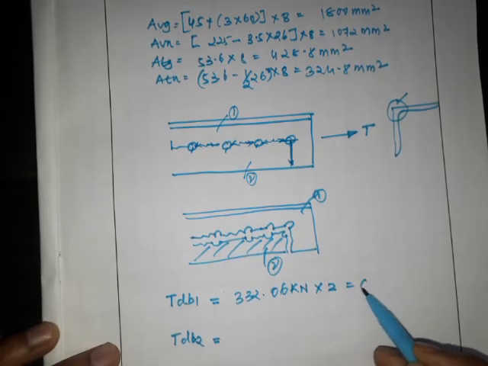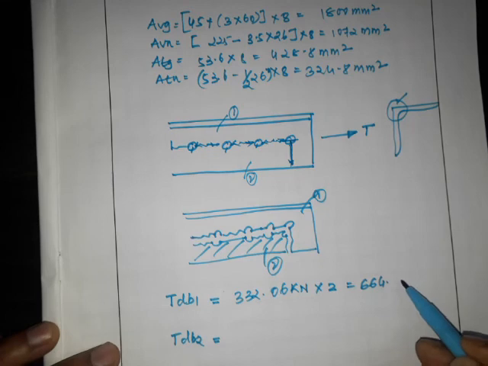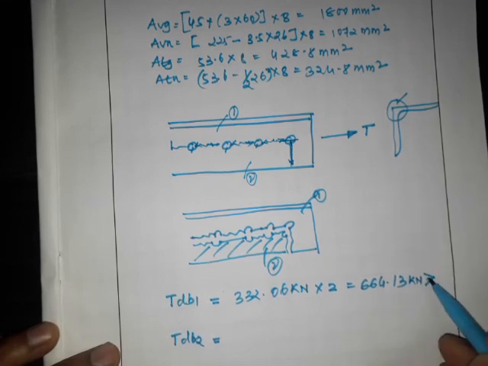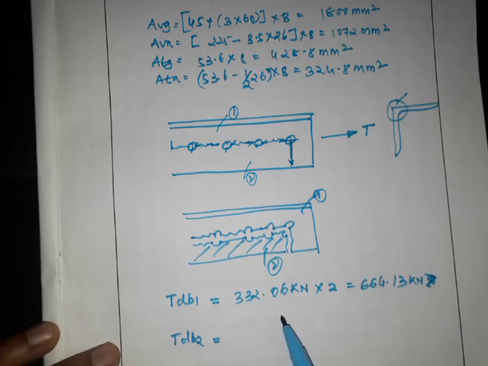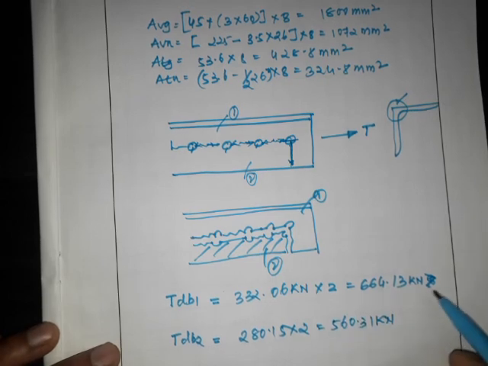We get this as 664.13 kilonewton. First of all, we will note down, and we get TDB2 as 280.15 into 2, that is 560.31 kilonewton. You have to choose the least of these two.